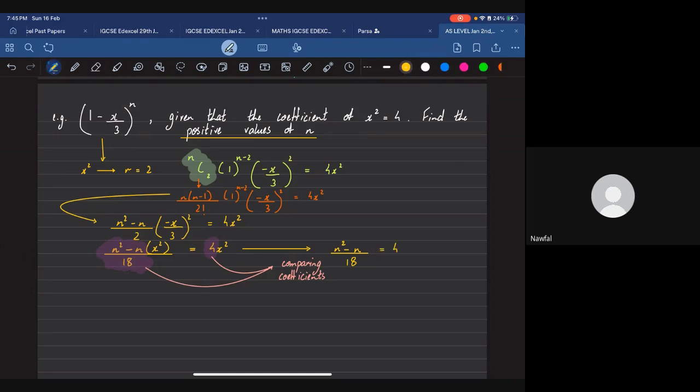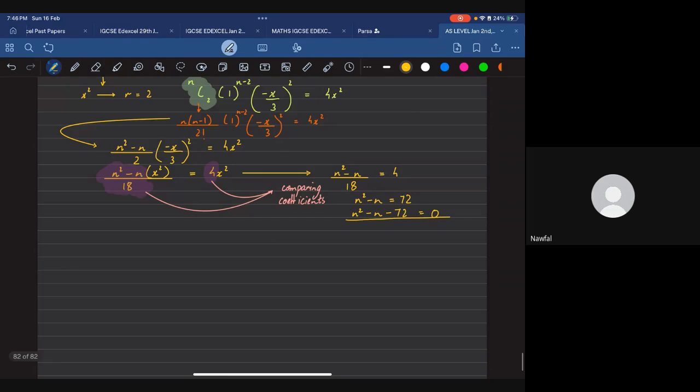If I solve this further, 18 times 4 is 72. So it becomes n squared minus n equals 72, which further looks like n squared minus n minus 72 equals 0. Solve this equation, guys. Tell me the two values of n.